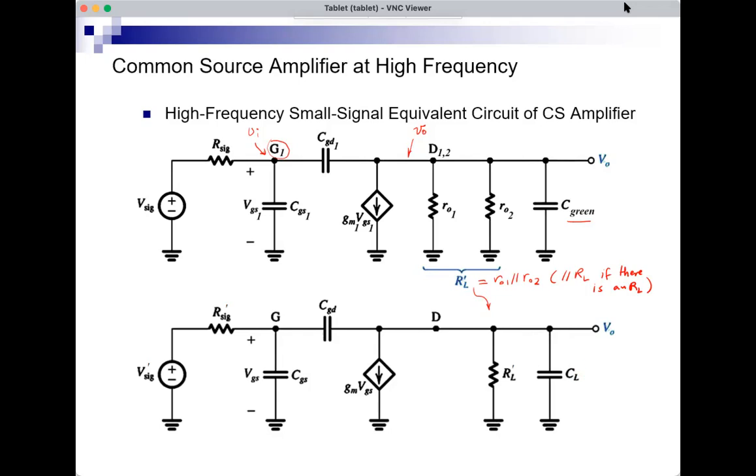Again, CL may include a load capacitance if it exists. So CL is C green plus maybe, if there is a load capacitance between the output and ground, it will also be part of the CL. So that's the circuit that we have.